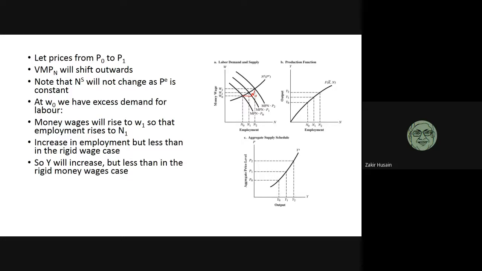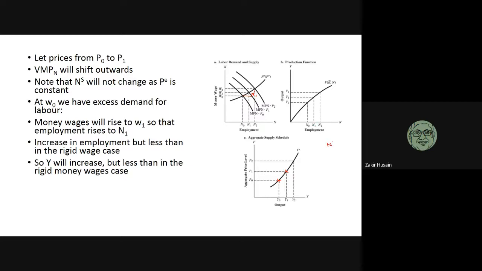See, in both the cases, we start from here, P0 and Y0. Okay. In case of the flexible money wages, you move to here, right? Because your employment goes from N0 to N1. In case of rigid money wages, what is the increase in employment?